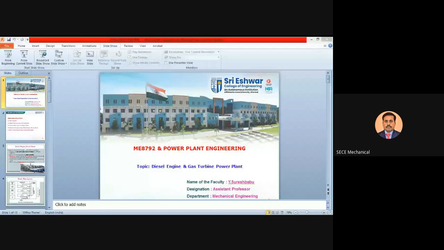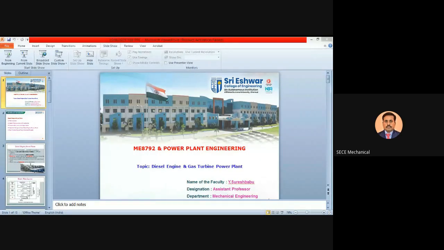But what you need to know in the diesel engine power plant is this: if your power requirement lies between 2 to 50 megawatts, say you have started a medium or small scale industry, so that your power range requirement lies between 2 to 50 megawatts, then you cannot build a power plant like a gas turbine or some other power plant.